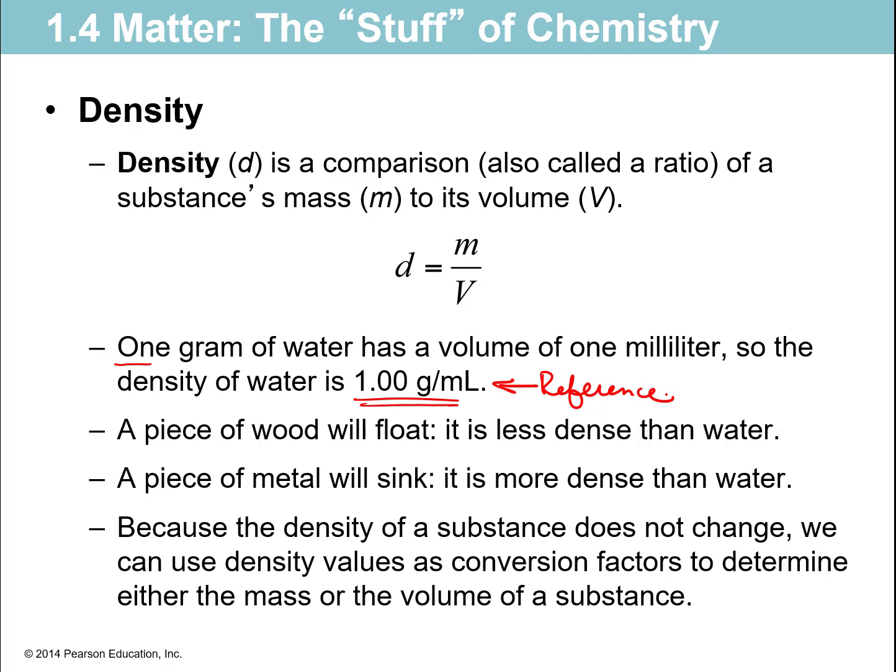Like a piece of wood, anything that floats, you know the density has to be less than 1. Anything like a penny, you drop a penny in a fountain, it drops to the bottom. So anything that sinks, you know it's going to be more dense than 1. So you can define things as being more or less dense based on this known sample.